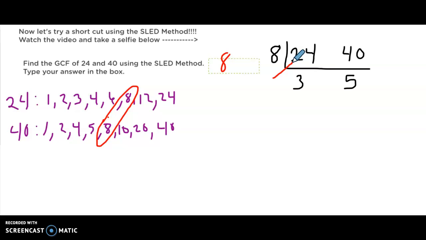Now, this is so cool, because the number that I've pulled out, that 8 in front of the sled, is your GCF. Isn't that cool?